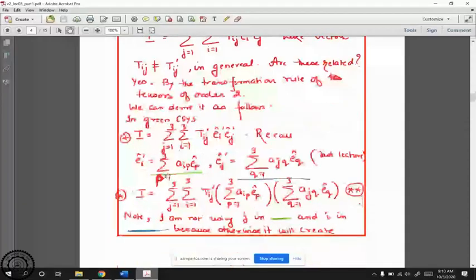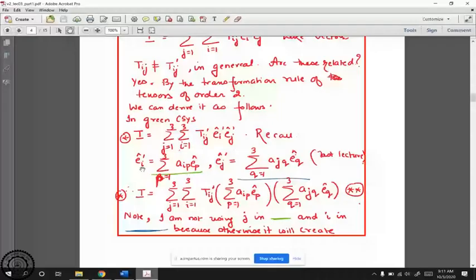The approach is similar to what we had for vectors, but of course details are different. So I start in the green coordinate system. This will be my representation of the tensor T. And then recall that the unit vectors in the prime coordinate system or the green coordinate system, I can write in terms of the unit vectors of the red coordinate system using these numbers a_ij's, or a_ip as it appears here.